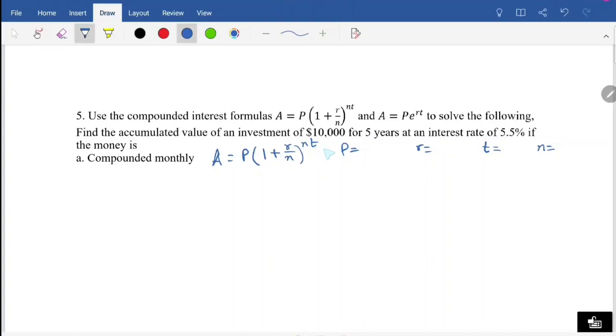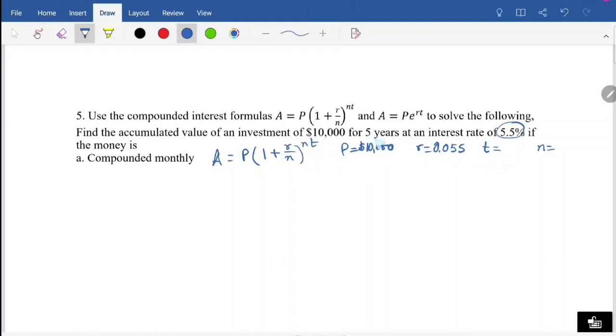All right. So let's extract the value. Principal amount is $10,000. So I'm going to write here 10,000. R is the rate of interest, so 5.5. Now that 5.5% has to be converted to decimal. So 5.5 divided by 100 should be 0.055, all right? So we have to convert this percentage to decimal when using it in the formula.